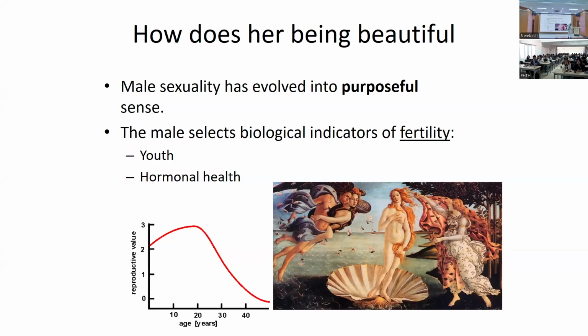The sound of the selfish gene in the male brain is telling, let's go to young girls, let's find very reproductive girls because I need to go into the next generation. This is the hidden signal. This is the secret signal which is working in the brain of the male.